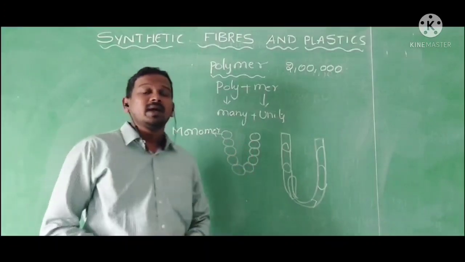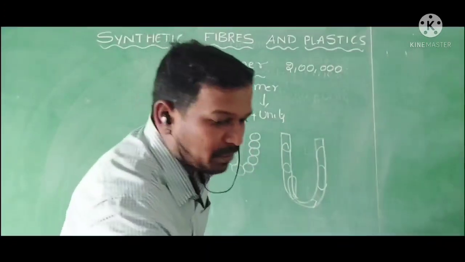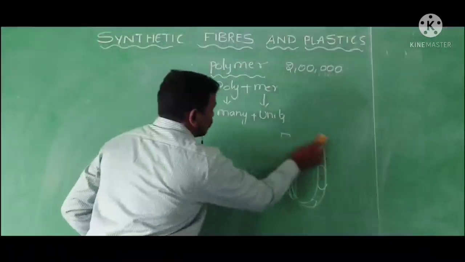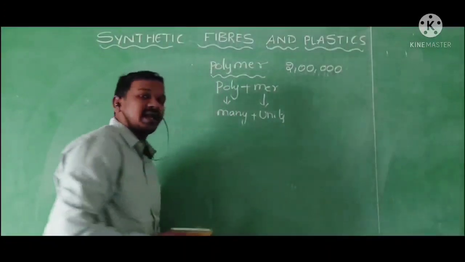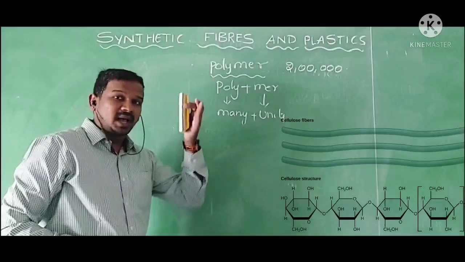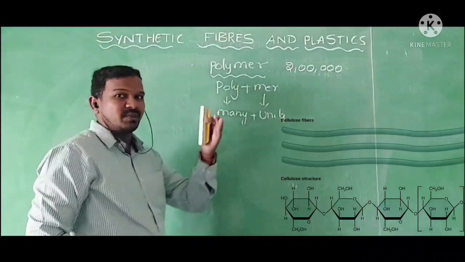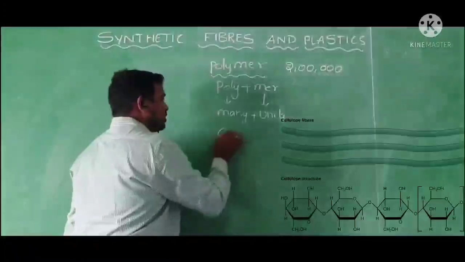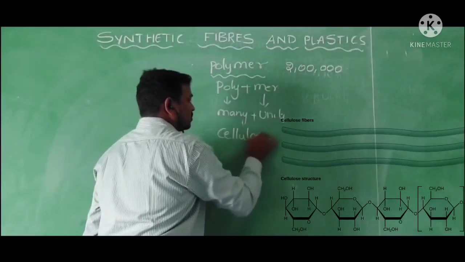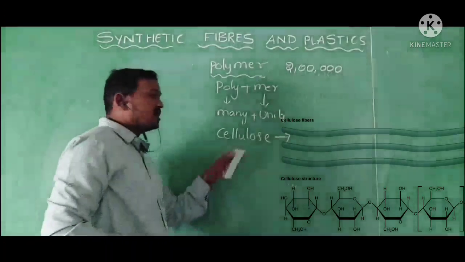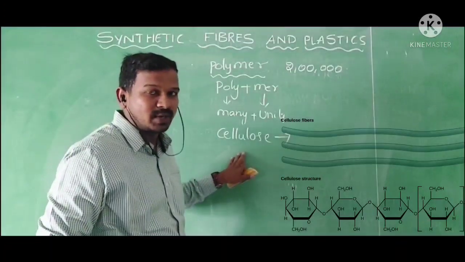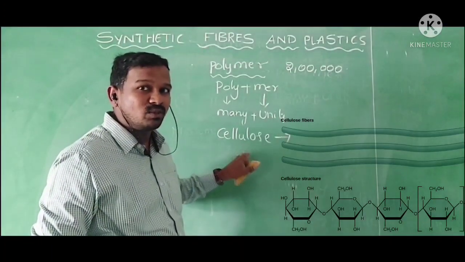In natural fibers, the polymer is cellulose, which is taken from the walls of the cells of the plants. That is called cellulose. Cellulose is a natural polymer. In this, what is the monomer?